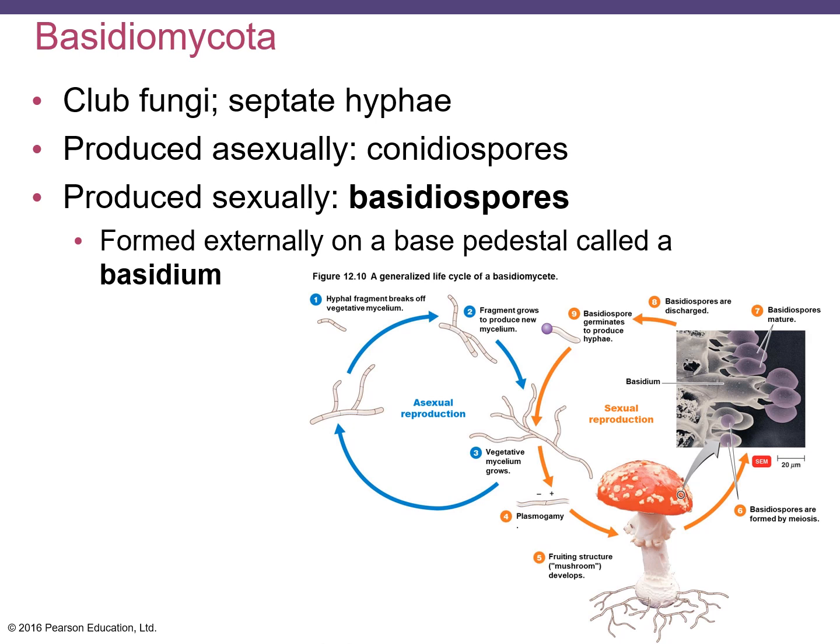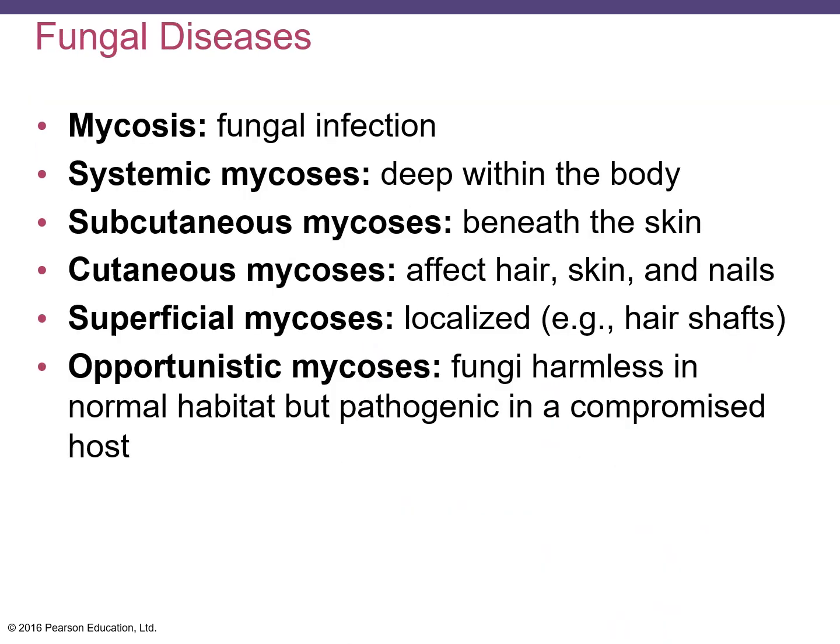The common name of the fungus is derived from the club shape of the basidium. There are usually 4 basidiospores per basidium. Some of the Basidiomycota produce asexual conidiospores.